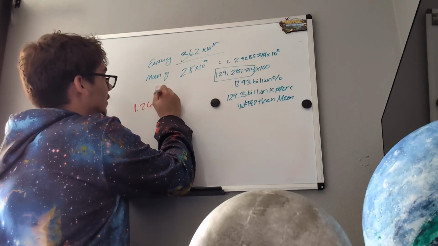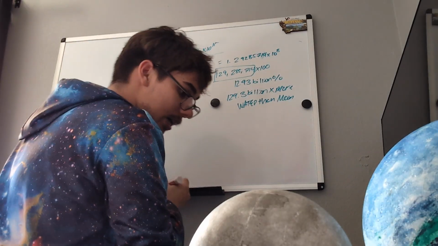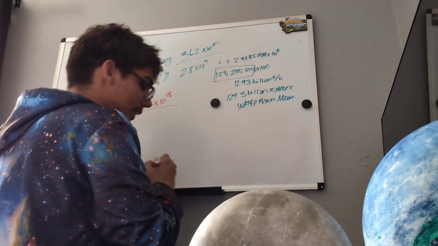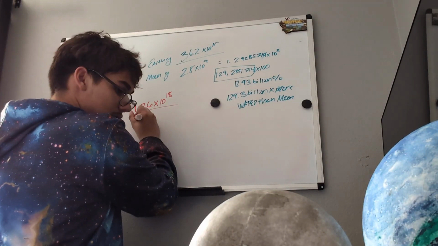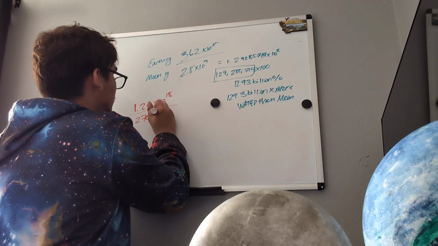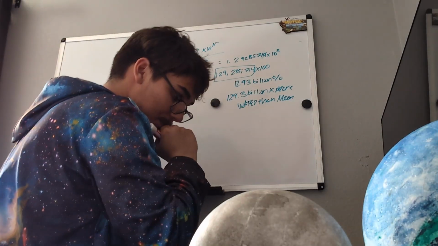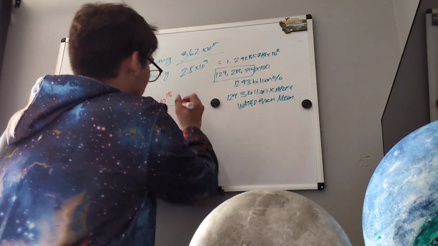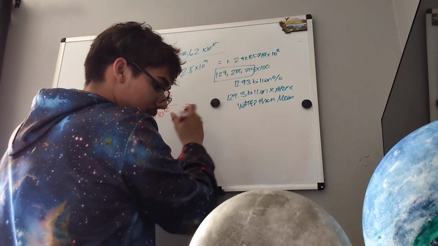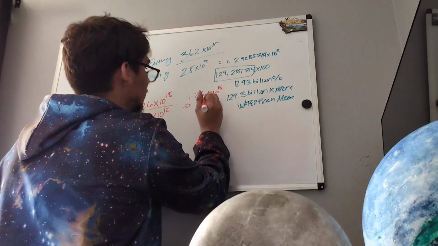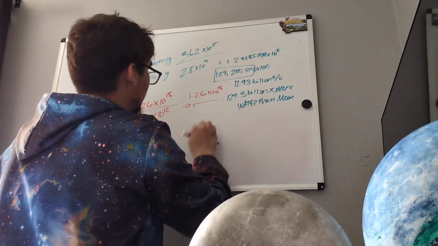And then the moon holds 270 trillion, which is 270 times 10 to the 12th, right?